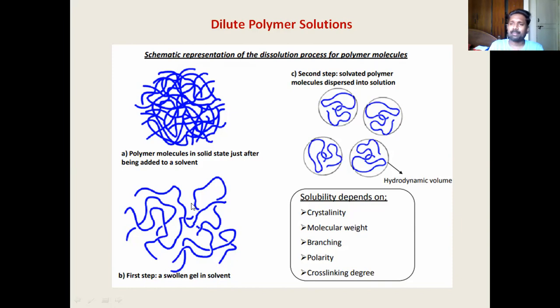How does the breaking happen? Because of overcoming the intermolecular force of attraction between the chains. So after some time of addition of the polymer, an equilibrium is reached. In that equilibrium state, the chains are partly aggregated and partly solvated.